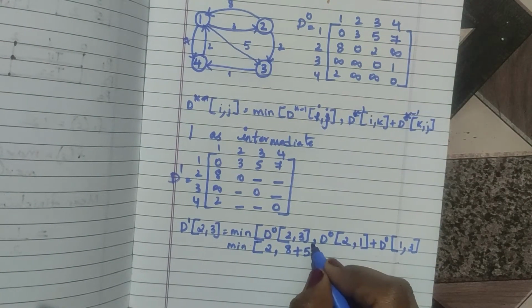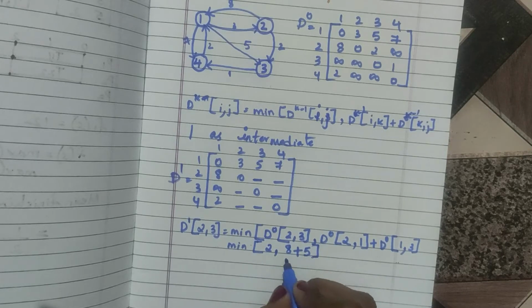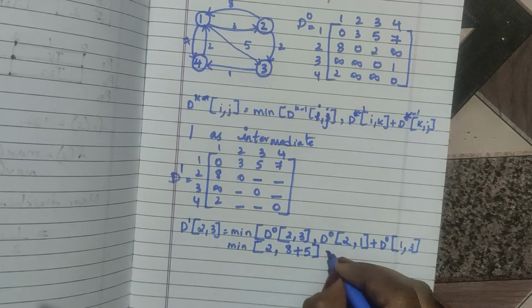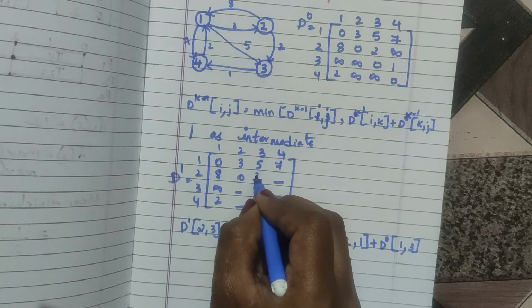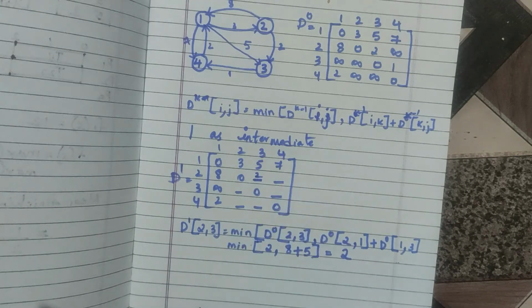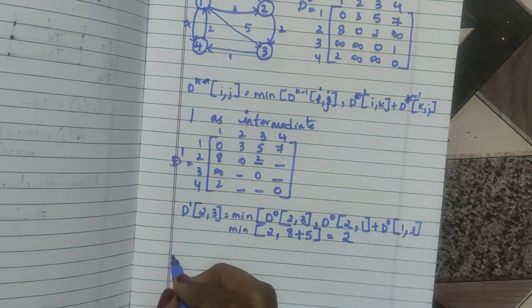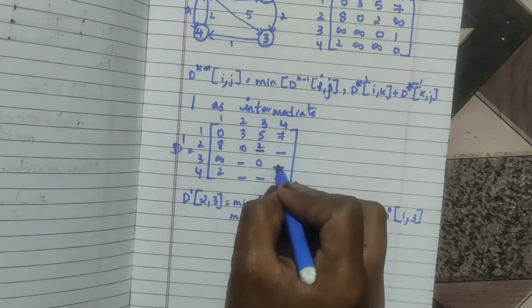Now close this. Now you have to take the minimum value. If you add this, it becomes more than this 2. So the minimum value is 2. Now this will be filled over here. Now I got my 2 to 3 value, which is the same as D0. So this is how you have to keep solving for each.